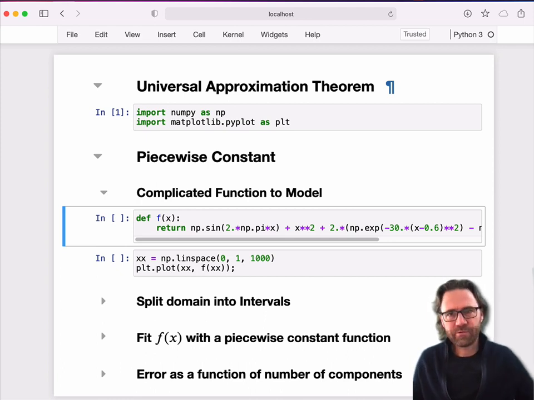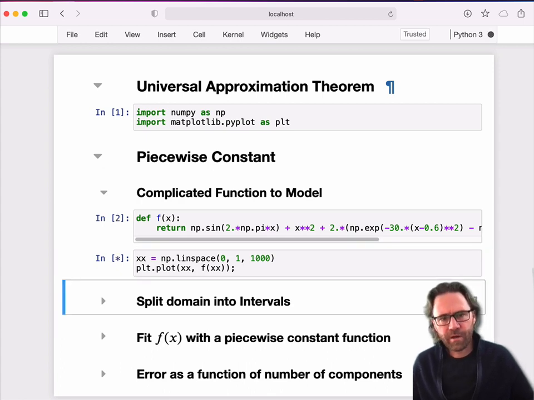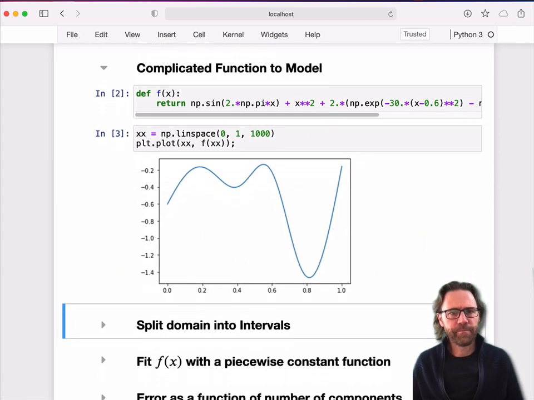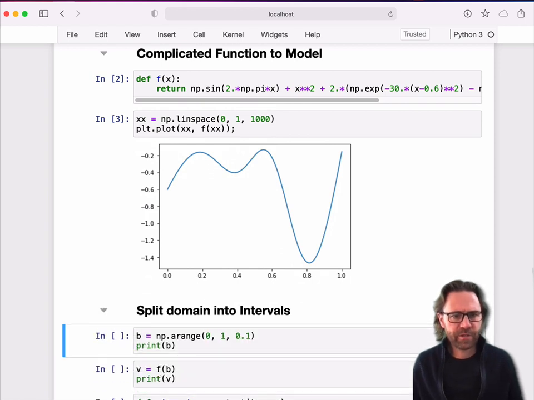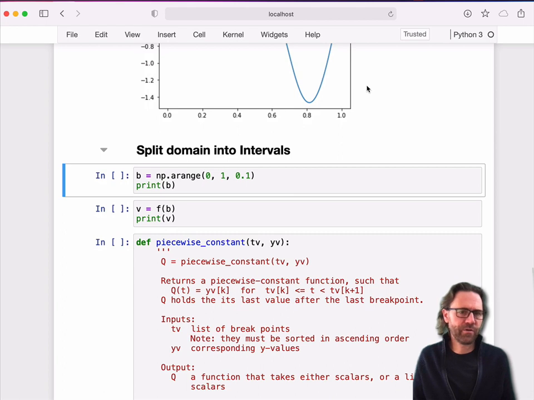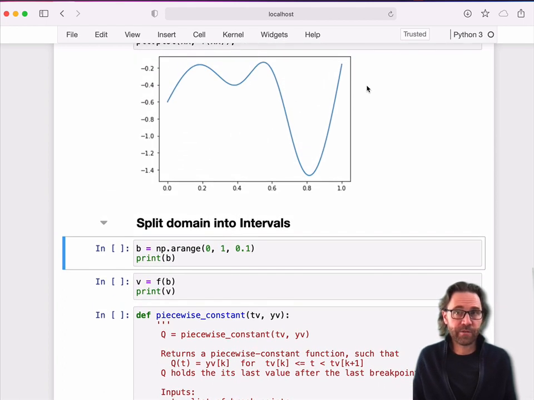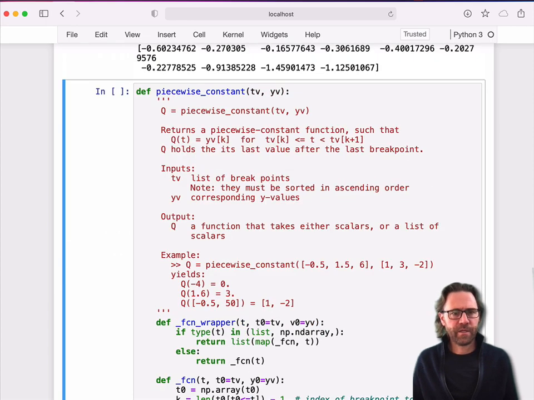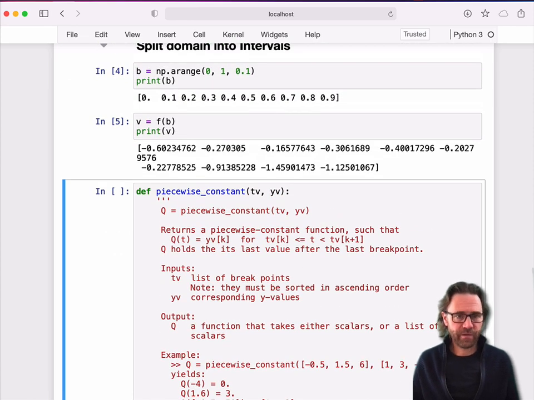Okay, that's what piecewise constant means. So I'm going to create some complicated function. Now I'm going to split the domain into intervals. Basically 0 to 1 is my domain I'm interested in, and I'm going to take steps of 0.1. And so there are the function values at all those different places.